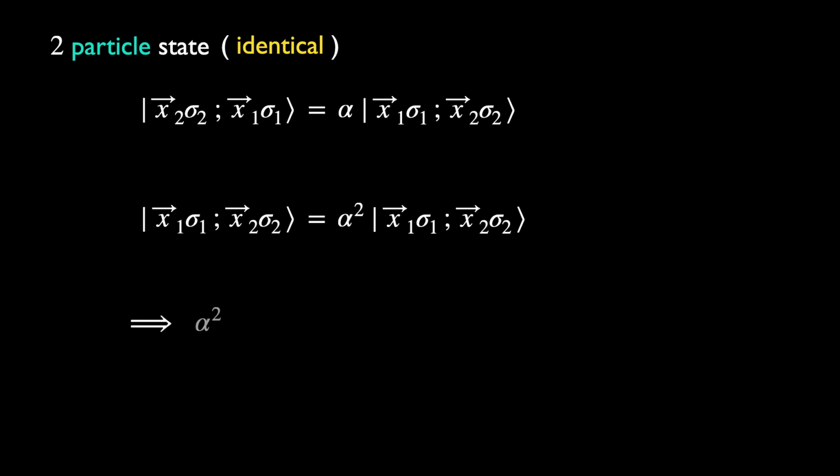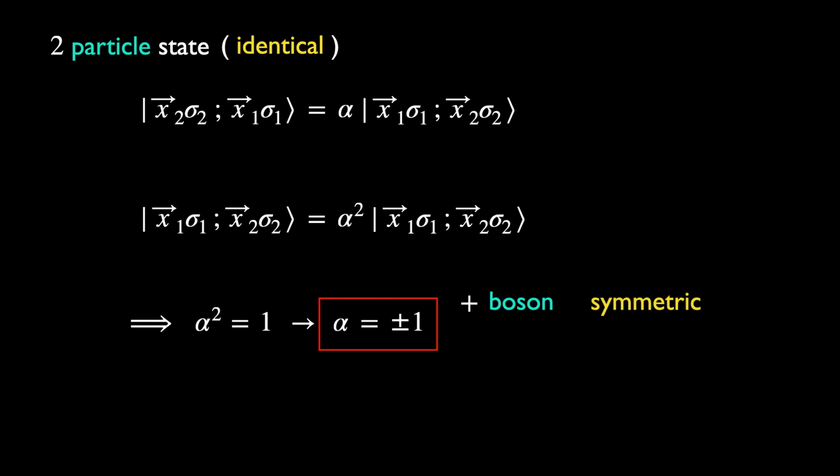This implies that the square of alpha is equal to 1, which has two possible solutions, alpha equals +1 or -1. The +1 solution are the bosons, which have states that are symmetric under the exchange of particles of the same species, while the -1 solution are the fermions, which are anti-symmetric.